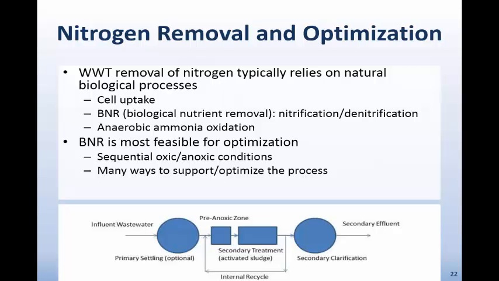Remember, our atmosphere contains about 78% nitrogen, so it's completely harmless. In addition to alternating oxic and anoxic conditions for nitrification and denitrification, another key prerequisite for effective biological nitrogen removal is having a sufficient amount of degradable carbon in the denitrification or anoxic reactor.